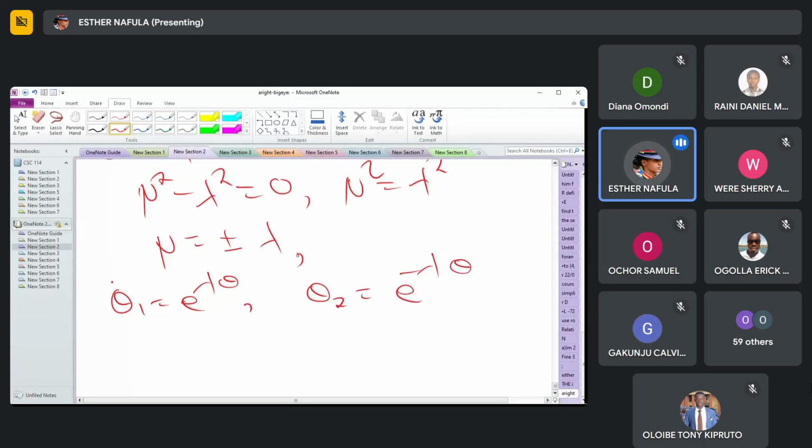The general solution: theta is equal to C7 e power lambda theta plus C8 e power negative lambda theta.